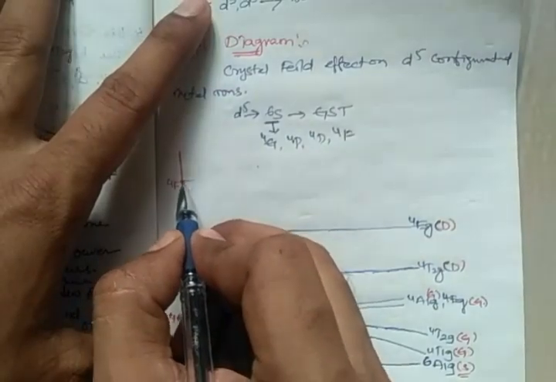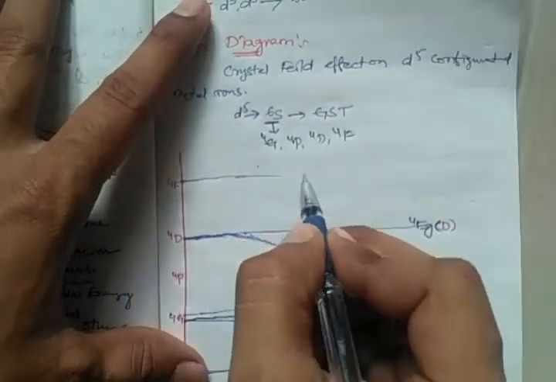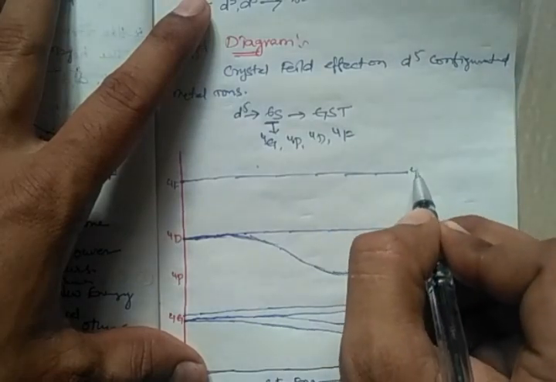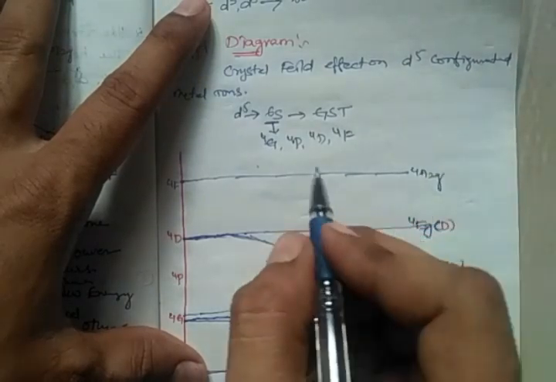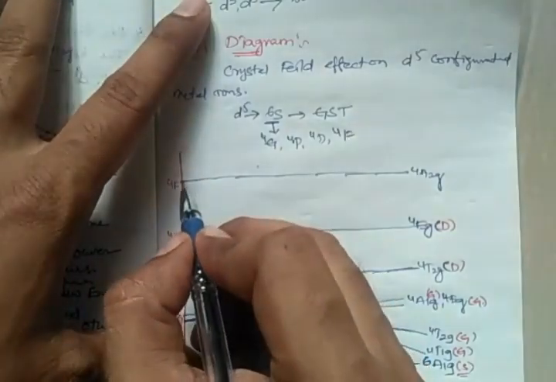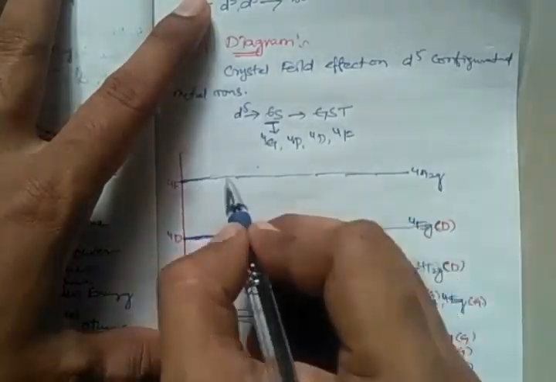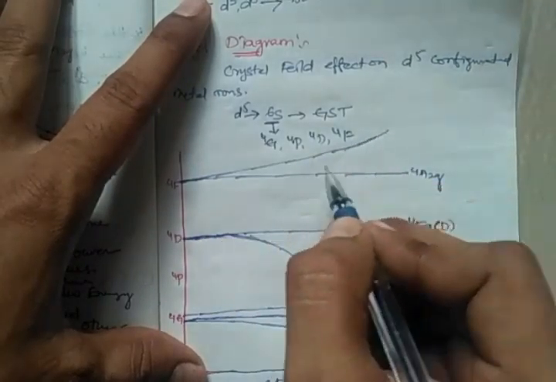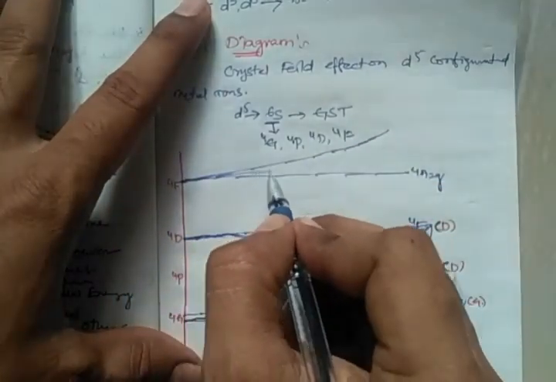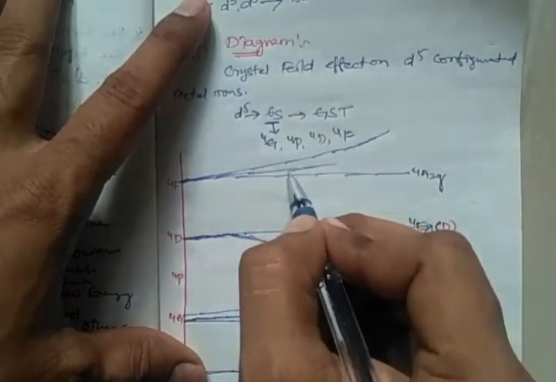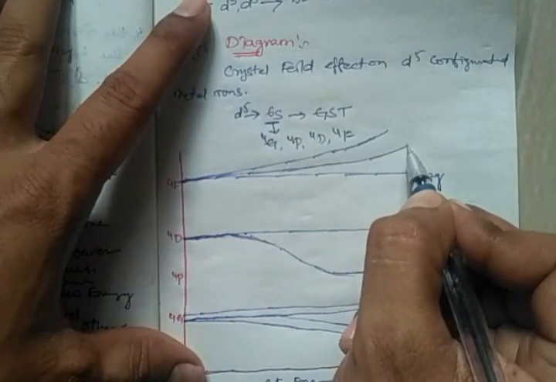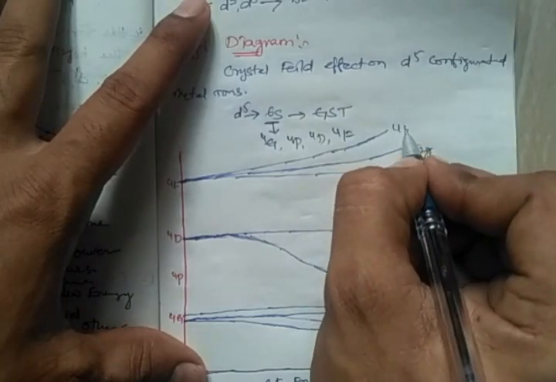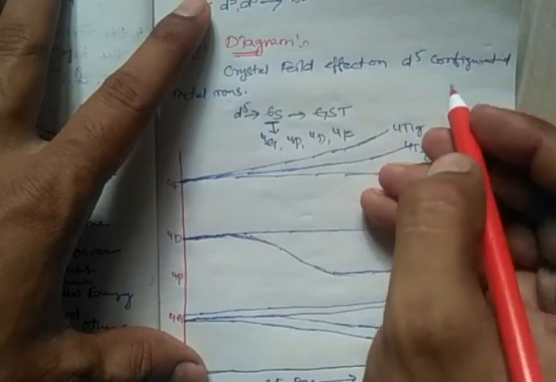The F term also has one horizontal energy level, that is 4A2g, followed by two triply degenerate energy levels, 4T2g and 4T1g of the F term.